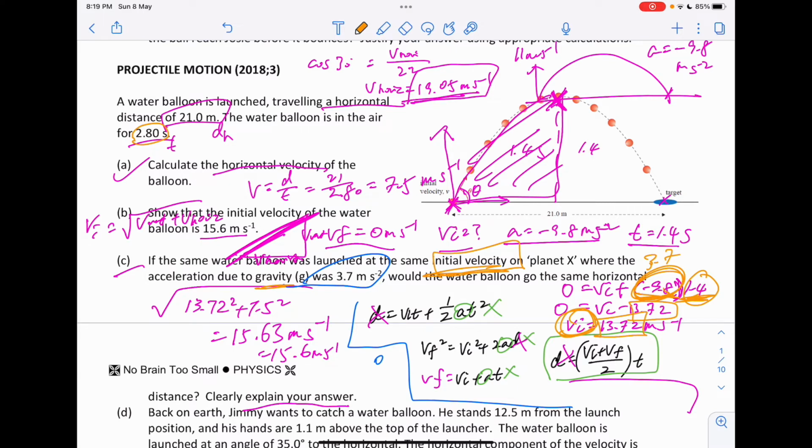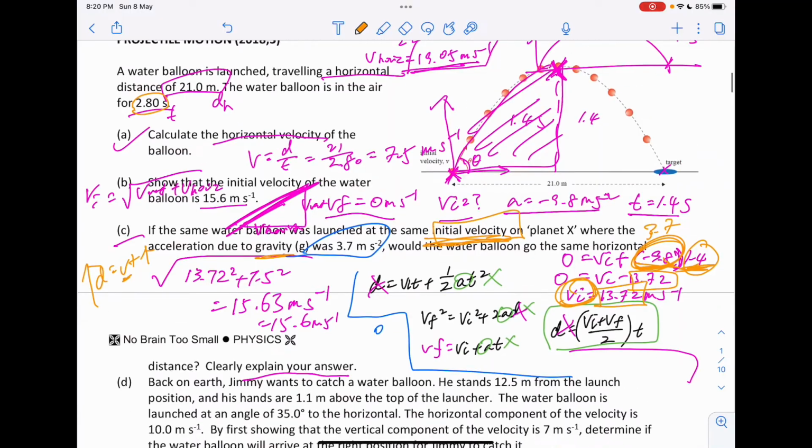And because of a longer time, and we set the same initial velocity, we're going to have the same horizontal velocity, because d equals vt. Longer time, same velocity. This is the same, this increases, which means the distance increases. So it will not go the same horizontal distance, and that is very clearly explained.